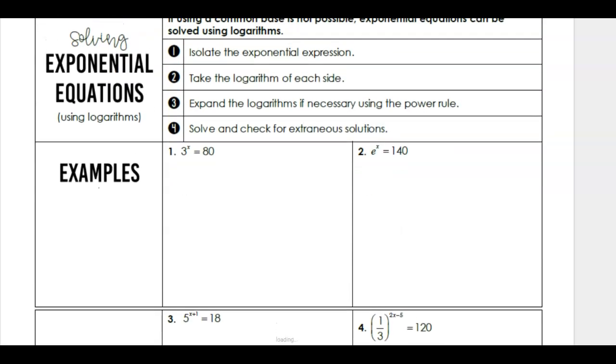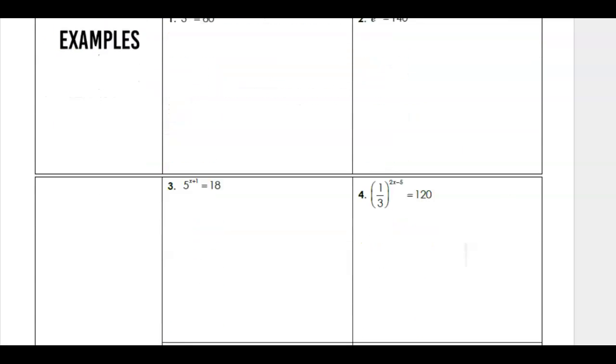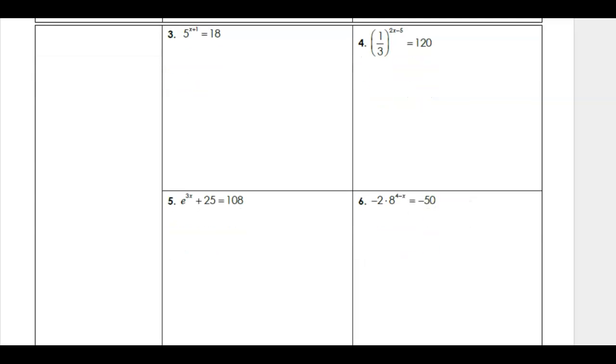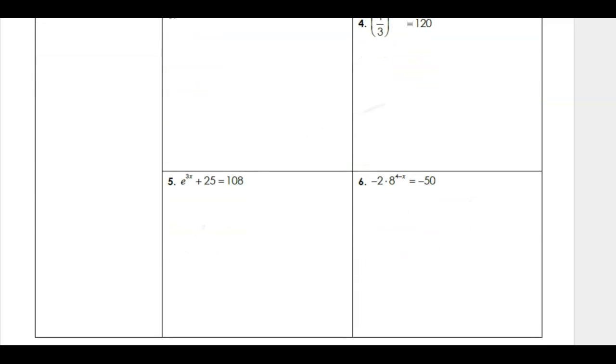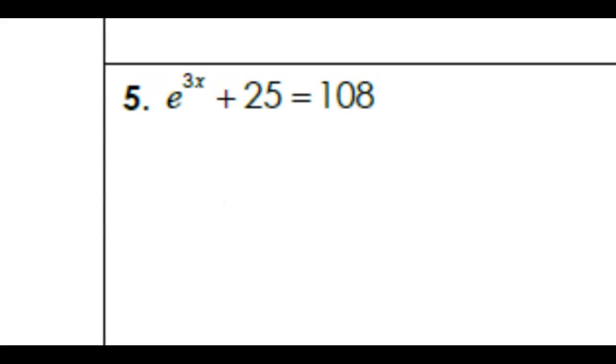All right. Next part, where we have an exponential set equal to a number. Let me do the hardest or a harder one first. Let me do number 5. What do you think I have to do first?